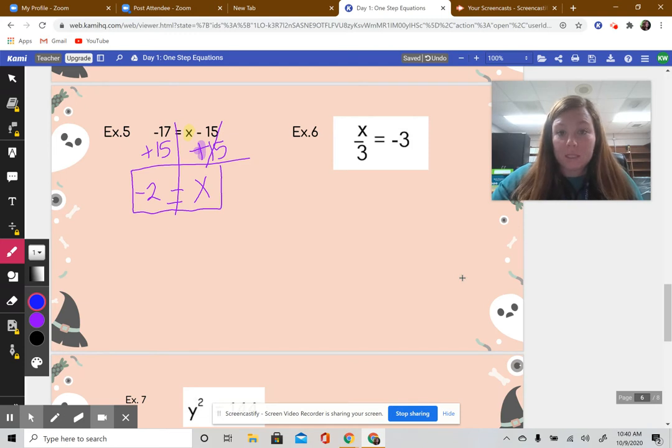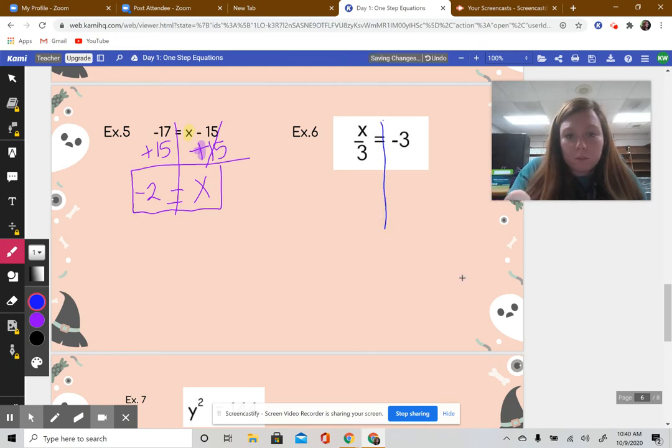number 6, I have x divided by 3. So, what is the opposite of dividing by 3? The opposite of dividing by 3 is going to be multiplying by 3.